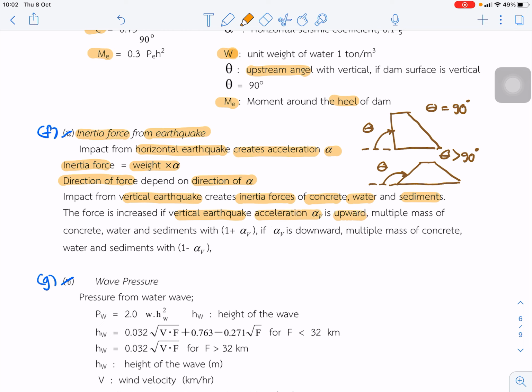We multiply the mass of the concrete, water, and sediment with this factor. If alpha V is downward, we multiply the mass of concrete, water and sediment by a negative.